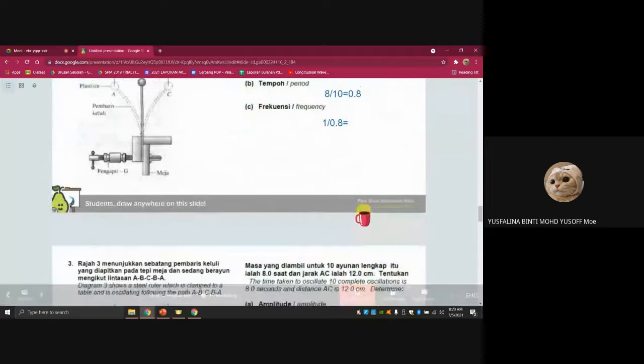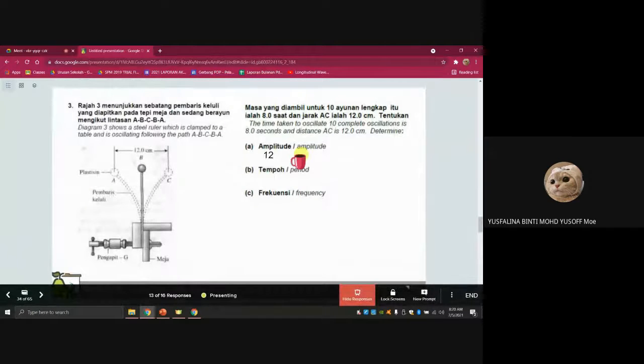So most of you got it correct. Who says here 12? This is not 12. The amplitude is 12 divided by 2, right? Only from A to B we call it amplitude, or B to C is amplitude. So you should divide by 2, and the answer should be 6.